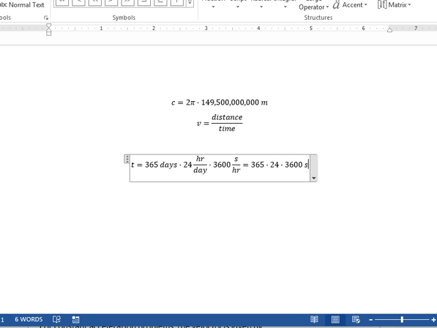So we now know the time. We know the distance. We can take the distance divided by the time, and we can then calculate the instantaneous velocity of the Earth in its path around the Sun.